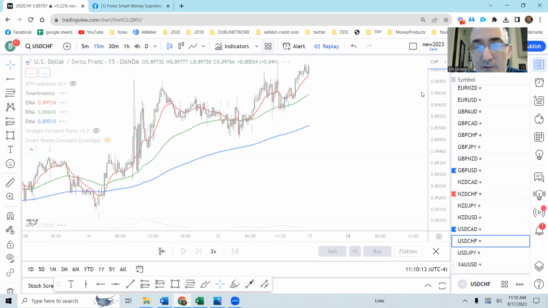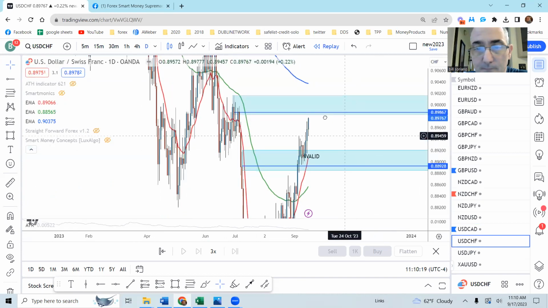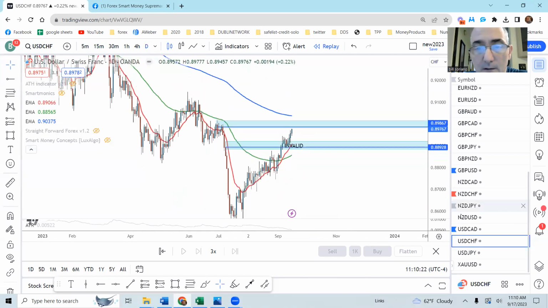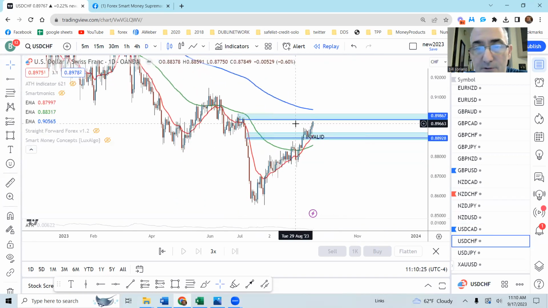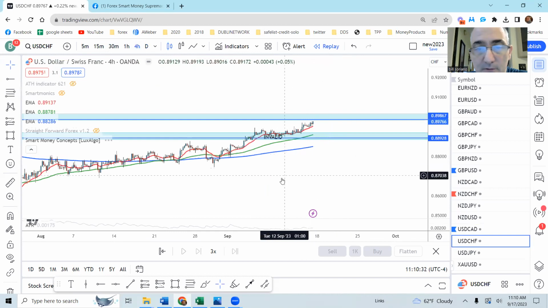USD CHF on the daily. Okay, you can see bearish price structure. Price is very close. It invalidated this 4-hour order block right here, and now it's close to hitting our point of interest right there.